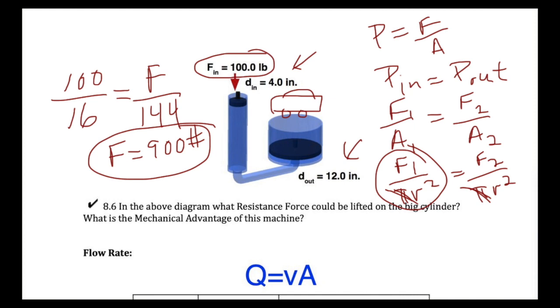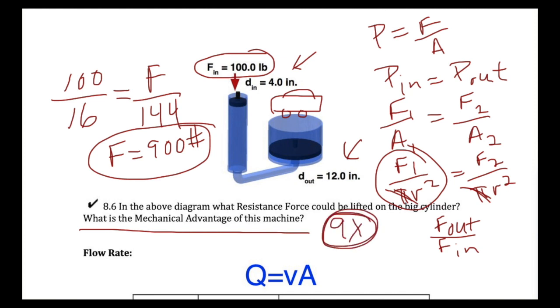Okay, there's another question here. What is the mechanical advantage? Well, the mechanical advantage, remember, is your force output over your force input, right? So I only used 100 pounds of force, and I lifted 900, right? So my mechanical advantage is 9 times, okay? 9 times. You can also divide the diameter squared, or the radius squared, or the areas, right?